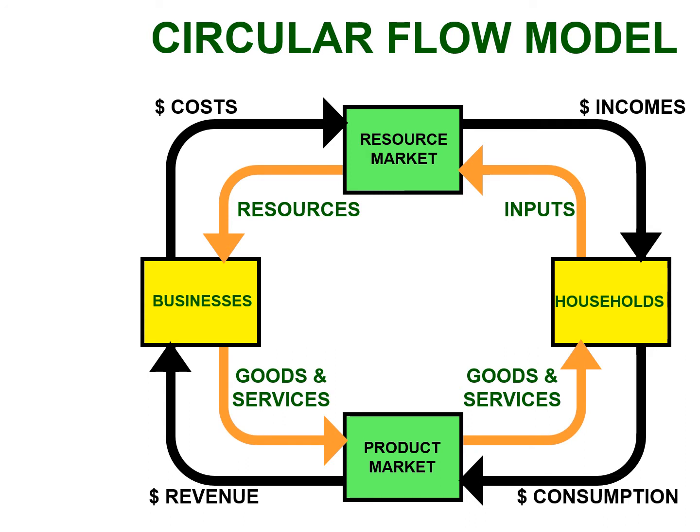So if you follow the income arrow from resource market to households, households sell resources ultimately to have income for consumption expenditures in the product market. These consumption expenditures, the black arrow from households to product market, ultimately provide the revenue that businesses need to pay for resources. And households take home the goods and services that businesses made available in the product market.